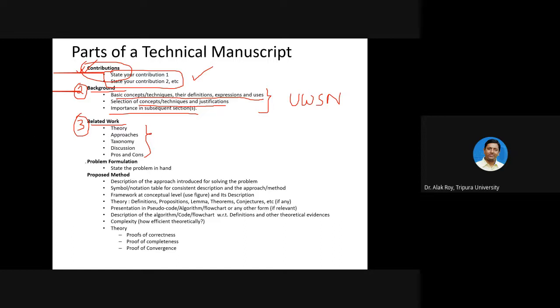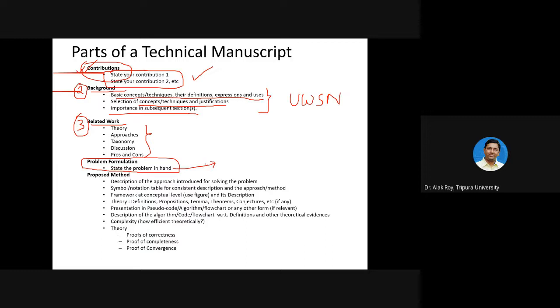Sometimes many authors use problem formulation as a separate section. Or mostly it covers stating the problem in hand. Means you have to write here what is your aim, what is your goal, or what is the problem you are working on.